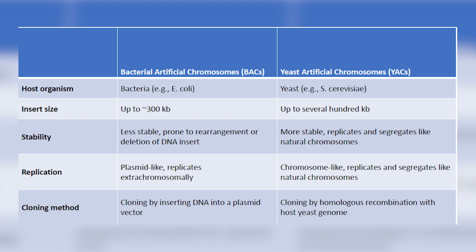Cloning method is, as you know, in any cloning we insert the DNA into the plasmid, and here even the cloning can be done by homologous recombination. That is also a possibility because the features are the same, and there is also a chance of homologous recombination with the host yeast genome, and a novel property can be derived from there.